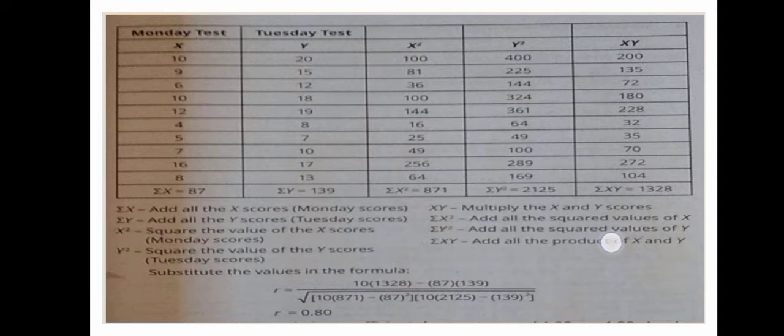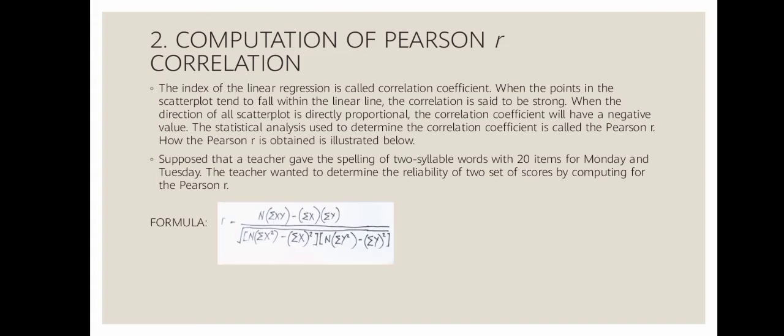And for Y squared, square the value of the Y scores, the Tuesday scores. Then for XY, multiply the X and Y scores. For sigma X squared, add all the squared values of X, and for sigma Y squared, add all the squared values of Y. Sigma XY, add all the products of X and Y. So, this is the procedure, or formula.